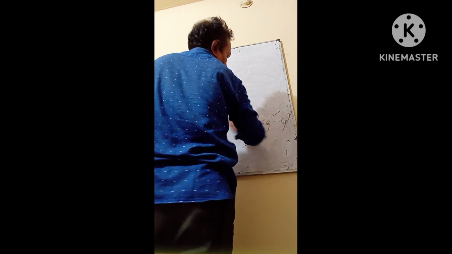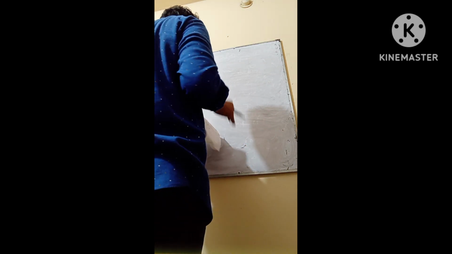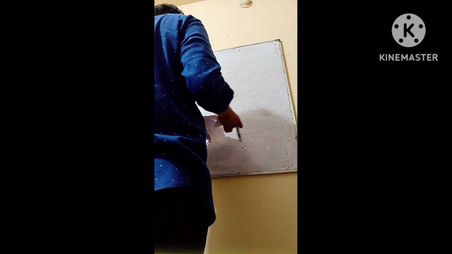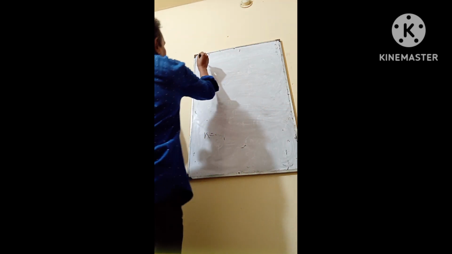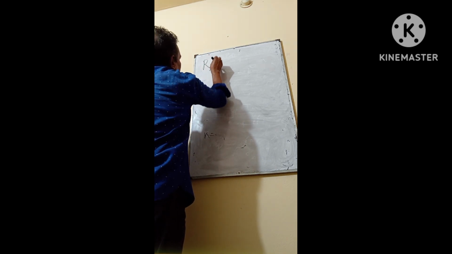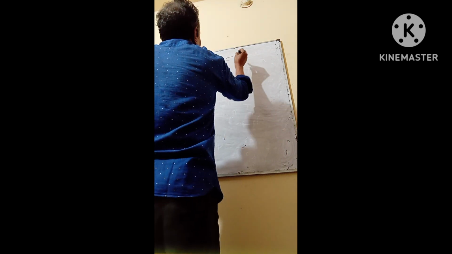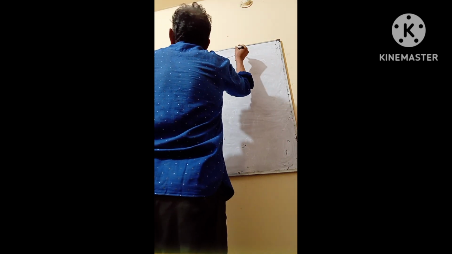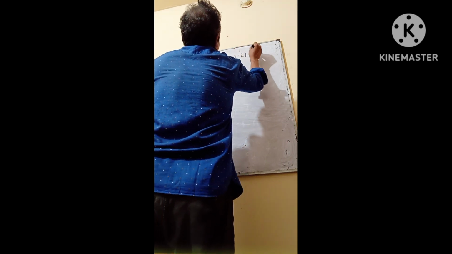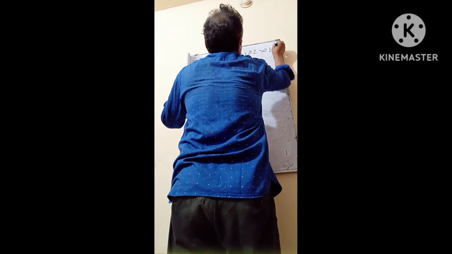Now I have to prove this theory. How? R value is 1.2102 into 10 to the 44.